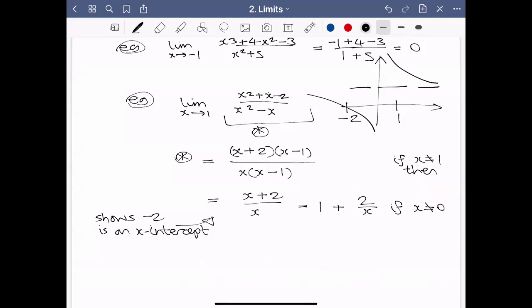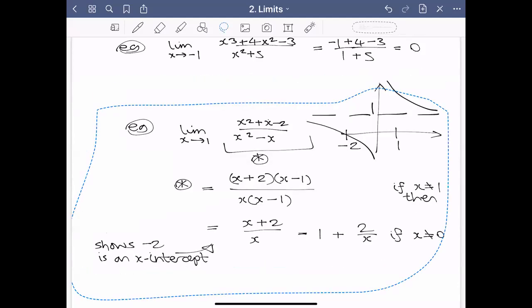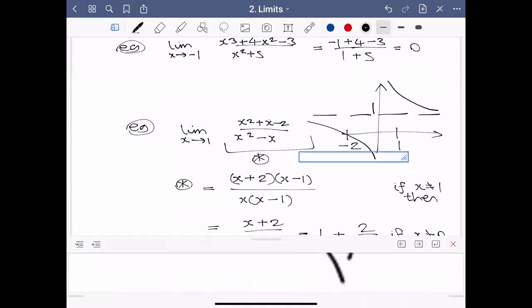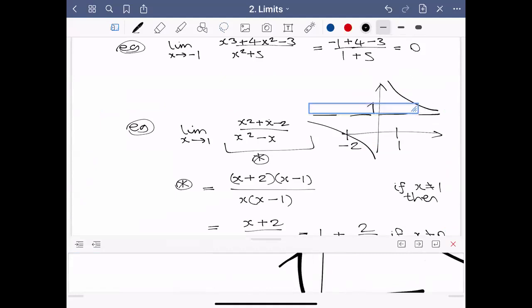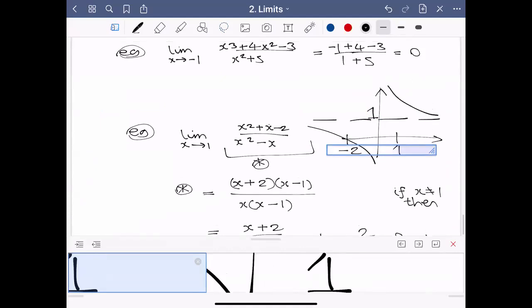So this here is the line y equals 1. I'm going to make some more space here, because this diagram became hard to see. So this is 1. It's also 1.